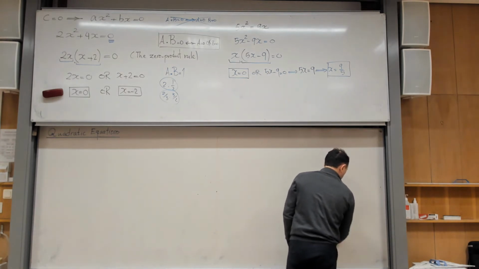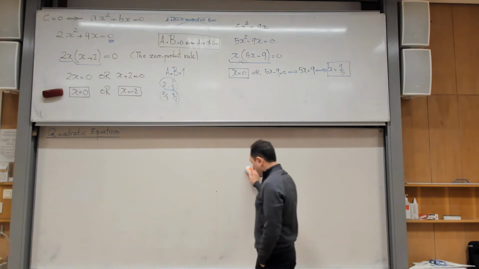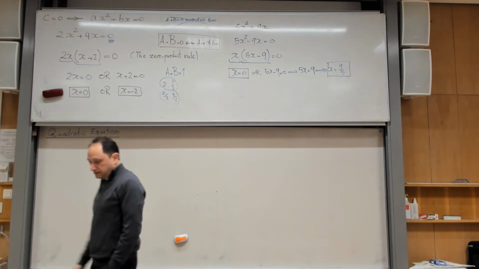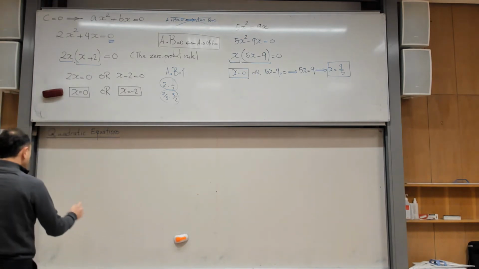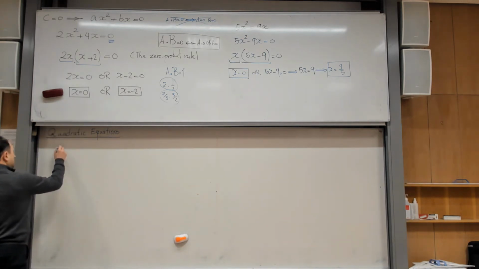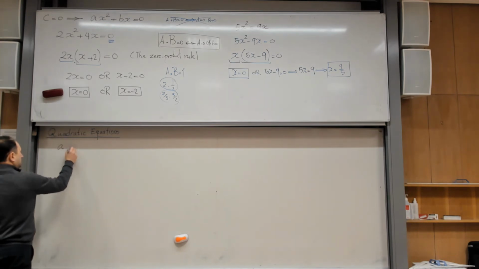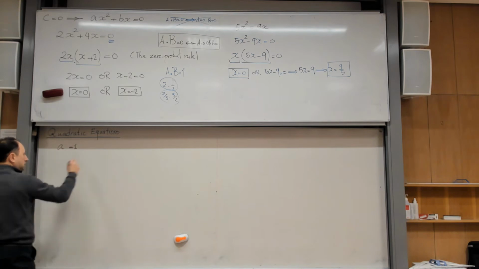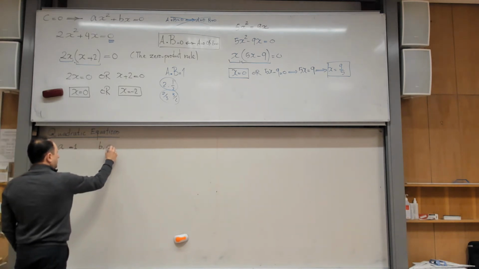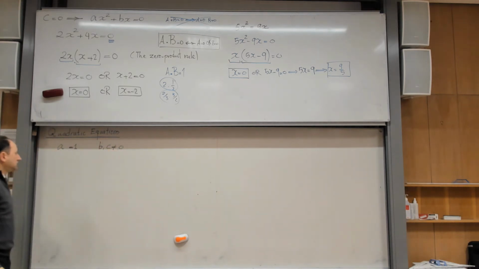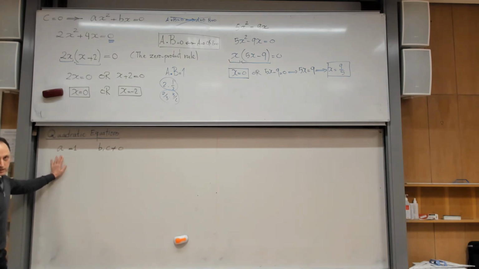Because I want to follow the book, I want to consider the case in which A is not 0 but is equal to 1, and B and C are non-zero. I want you to see this presentation, but I don't want to force you to learn this for the time being.